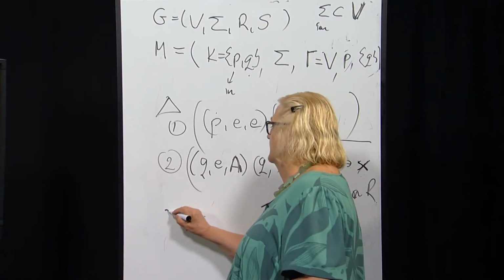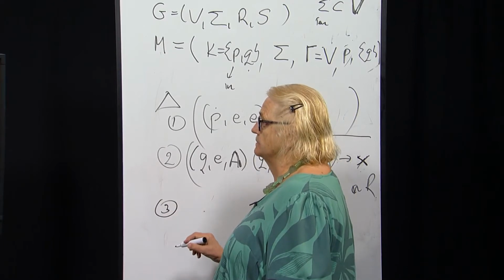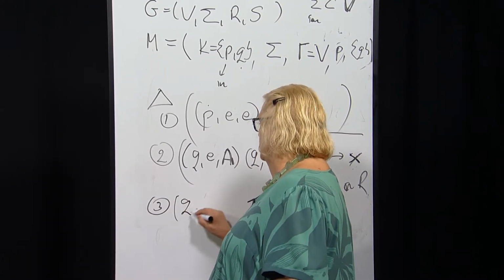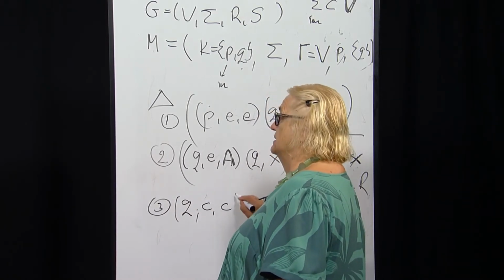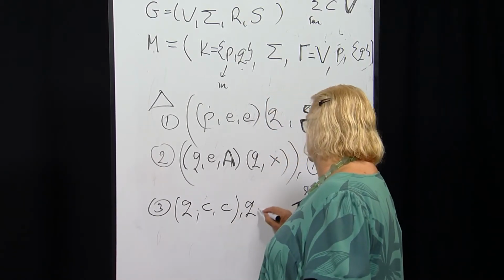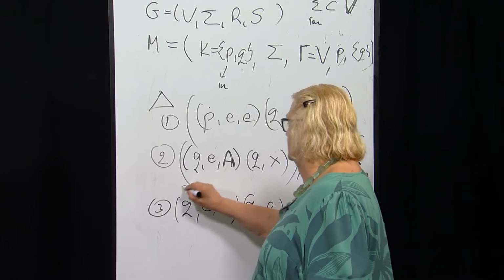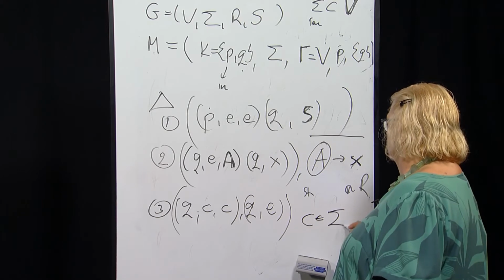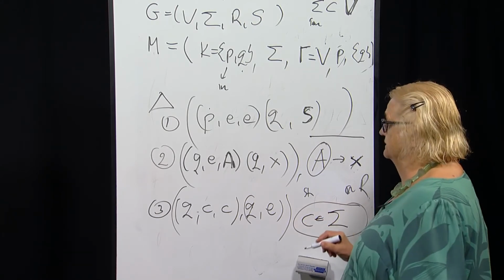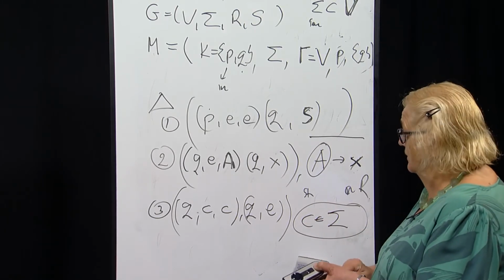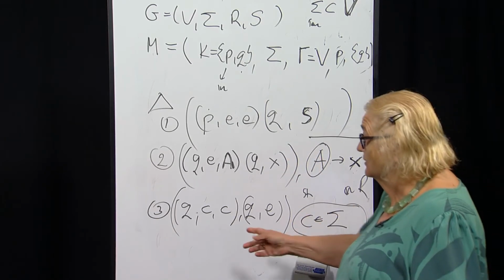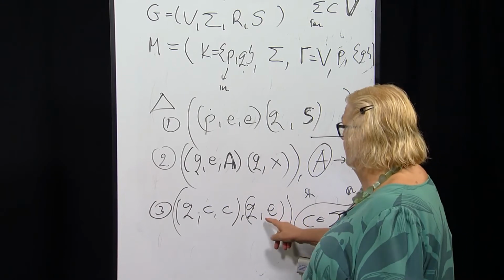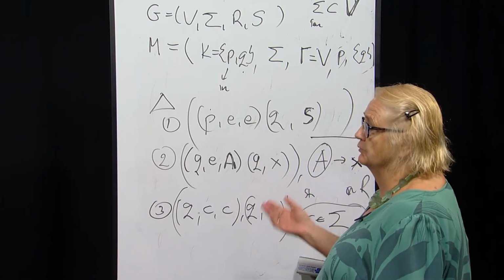And third, (Q, c, c), (Q, e), for any c in sigma. Because this is the emptied stack: if you read a terminal from sigma, you pop it off the stack, so that would be all.